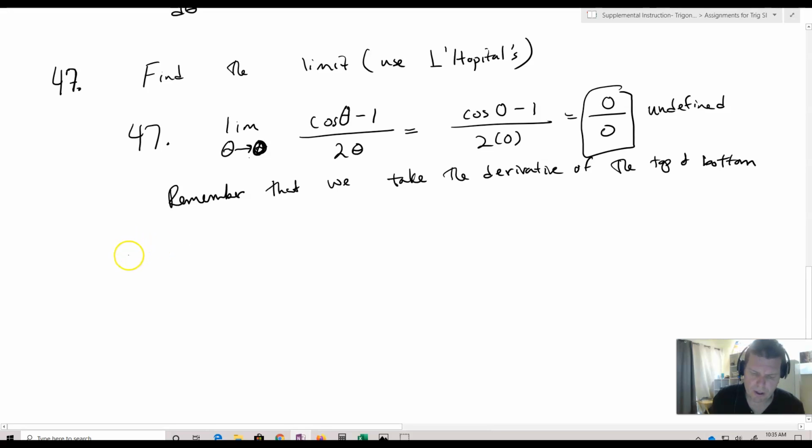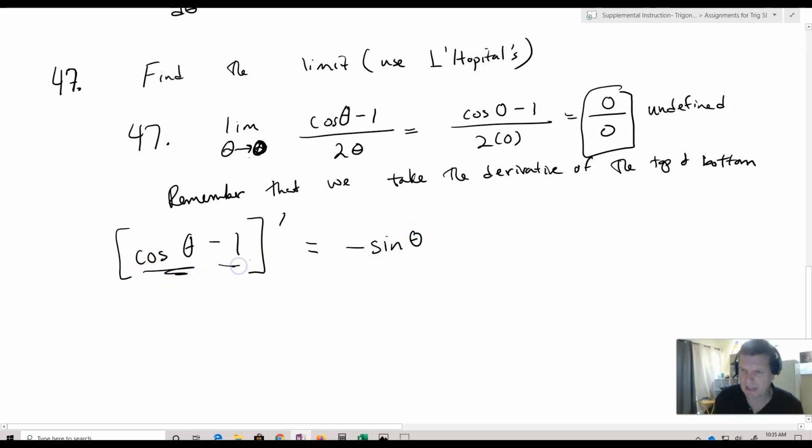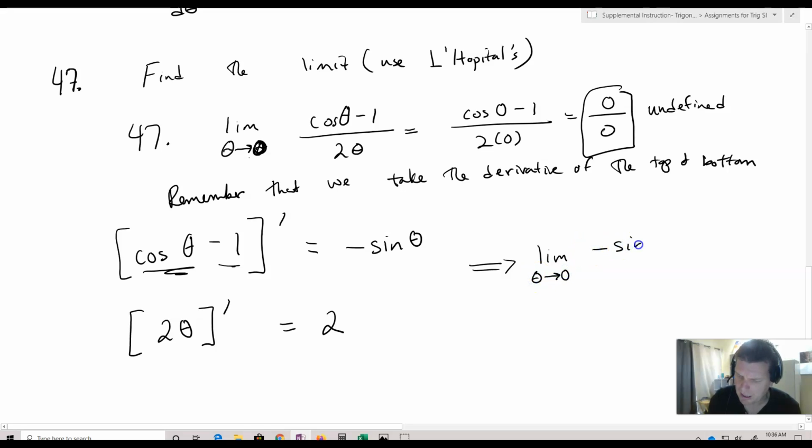So we'll take first the derivative, and I'm going to write it like this, cosine theta prime, and that's going to equal negative sine theta, because we're just taking the derivative of cosine theta, and then the derivative of negative 1 is just negative 1. Then we take the derivative of 2 theta, and that just equals 2. So after taking those derivatives, our limit as theta approaches 0 is going to be negative sine theta over 2.